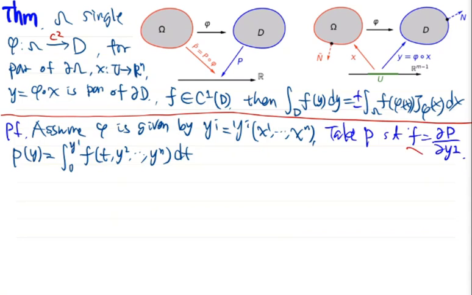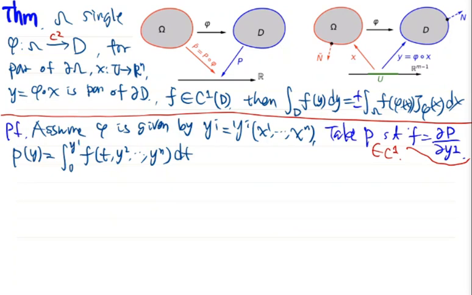The partial derivative with respect to y1 is exactly f. It is in this place we need f to be C1. If f is only continuous, p might not be C1. So here we need f to be C1, so that p is also C1.